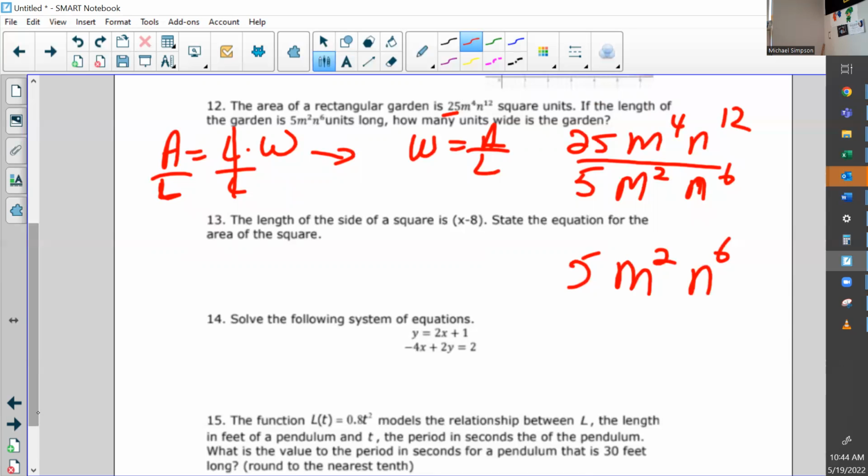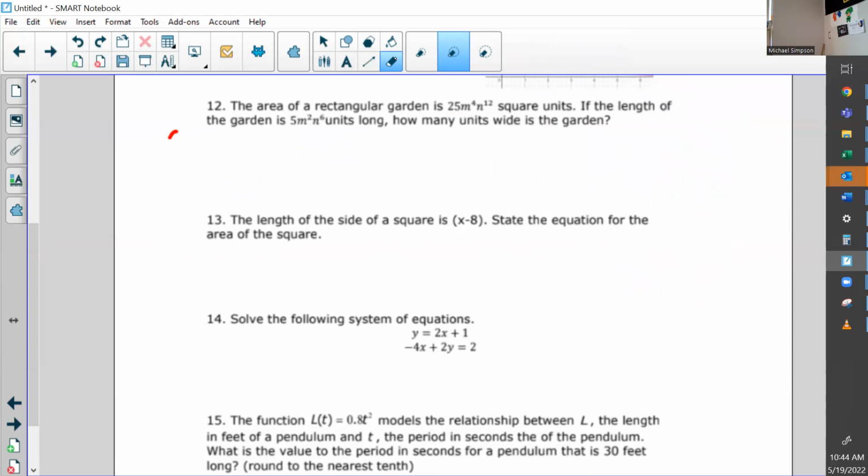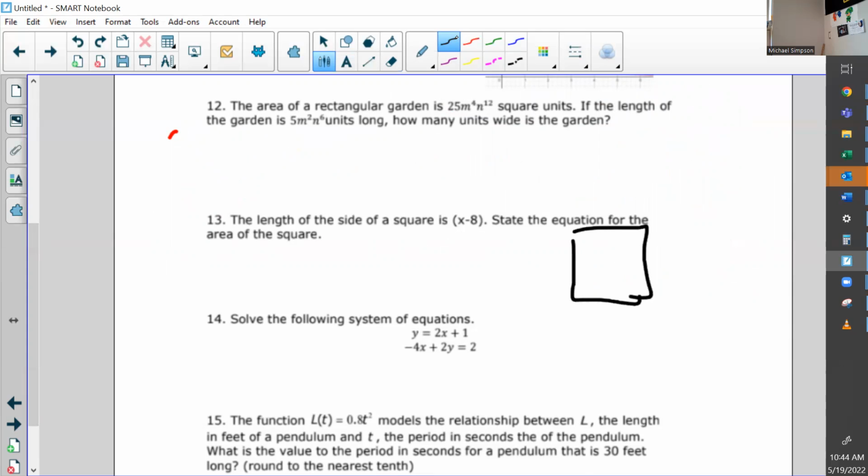Okay, let me erase this and get some space for this one. Number 13, the length of a side of a square is x minus 8. State the equation of the area. If you want to visualize it, that's a square, and they have the same sides, s and s, so the area of a square is A equals s squared.